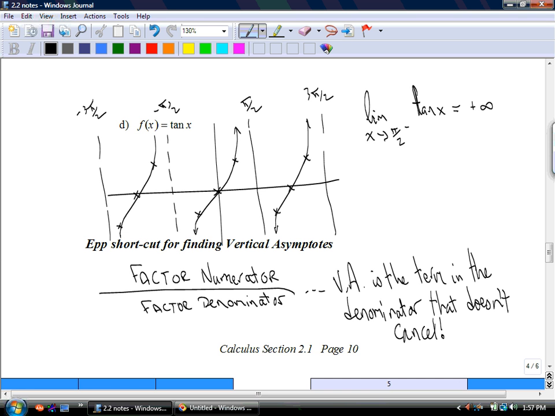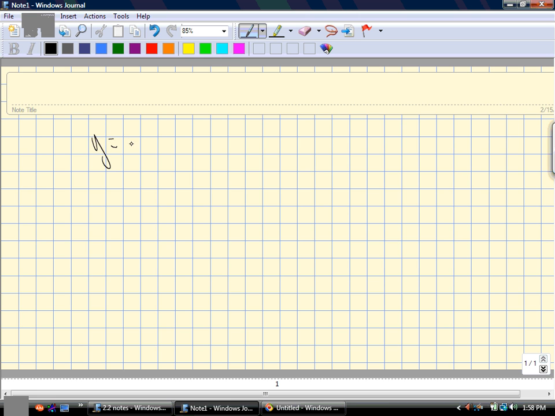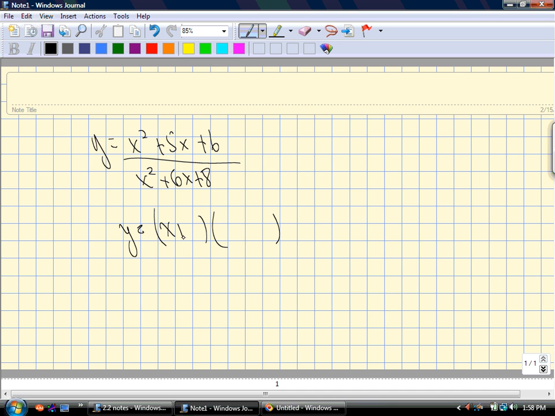Okay? So if you had something like this, factor the numerator, x plus 2, x plus 3, factor the denominator, x plus 2, x plus 4.